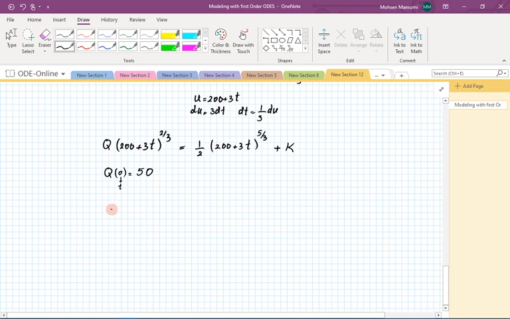Q is going to be 50. This is going to be 200 to the power of 2/3. Time is 0. It's going to be 1/2 of, now this is again 200 to the power of 5/3. And then I have some constant. So I take this to the other side. So I write K is equal to 50 times 200 to the power of 2/3 minus 1/2 of 200 to the power of 5/3.